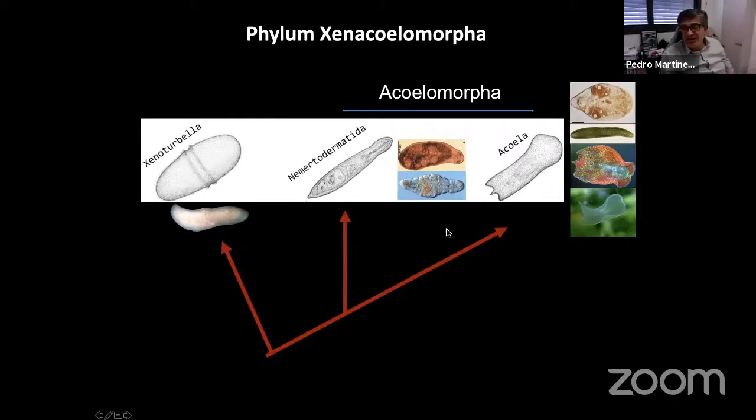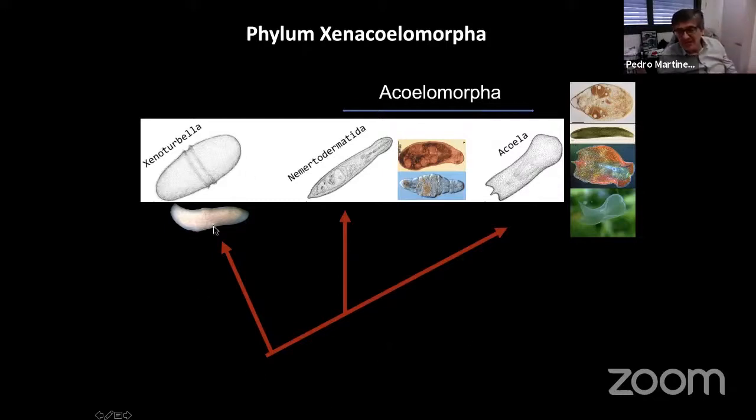The only species-rich group is the acoels, for which we know approximately 400 species, maybe a dozen nemertodermatids, and a few, six to seven, Xenoturbellids. Besides that, they are very rare in terms of numbers and hard to find.